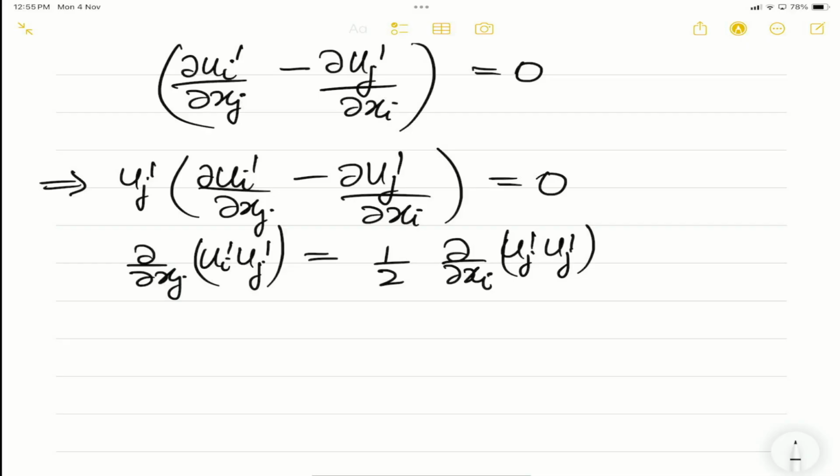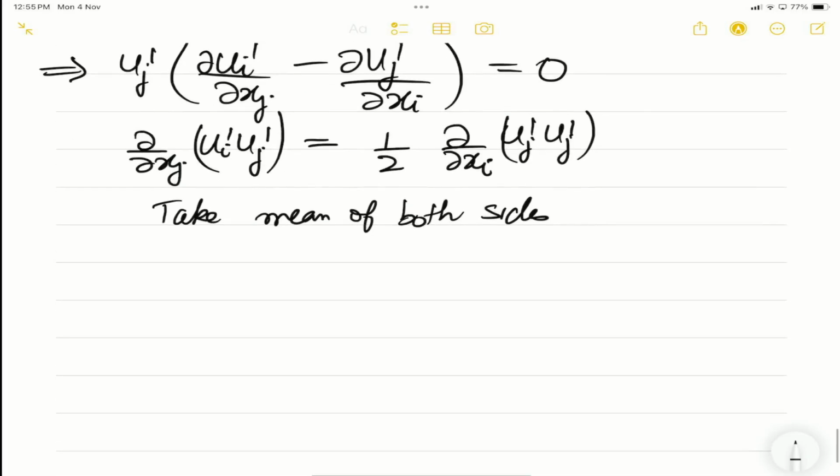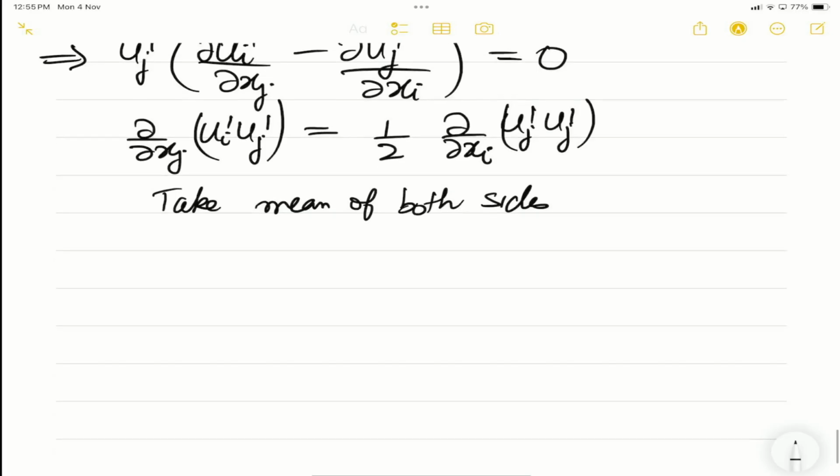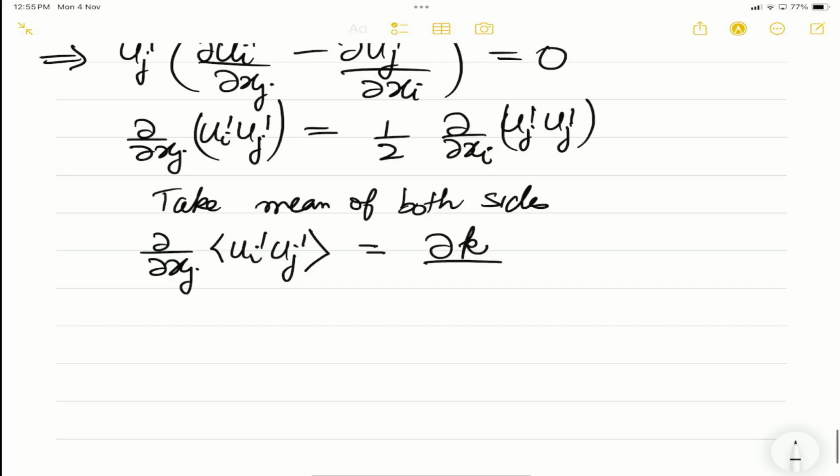Now, why am I doing this exercise? This is to show you, if I take the mean of both sides, what we get is d by dxj of the mean of ui prime uj prime is equal to partial k by partial xi.